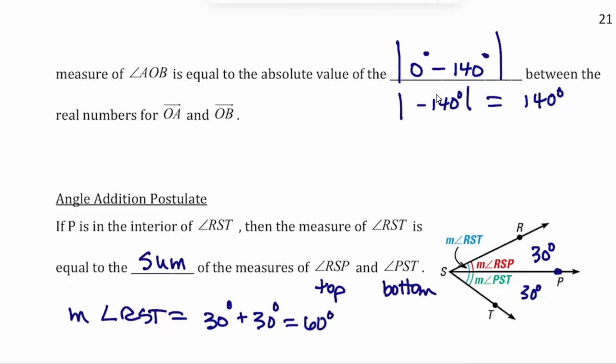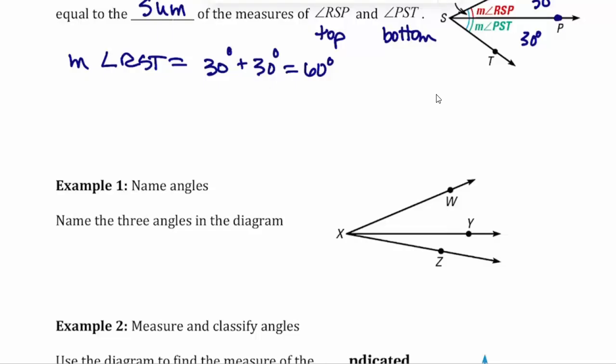All right, now we're going to go on to examples. Sometimes you can understand things better with an example. Example number 1, it says name the angles. So name the 3 angles in the diagram. Make sure you see 3. I'm going to name the top one, which is going to be WXY.